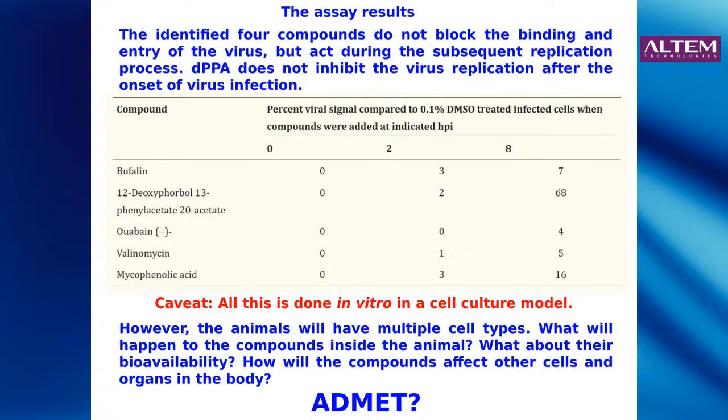How will the compound affect other cells, other organ systems and biological processes in the cells, or the functioning of the different organ systems? All of these things have to be followed up. But nowadays, with the availability of bioinformatic tools, all this ADME, absorption, distribution, metabolism, excretion, including toxicology, can be predicted using bioinformatic tools.